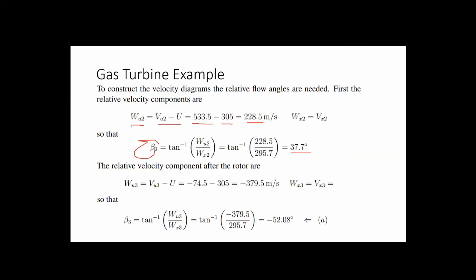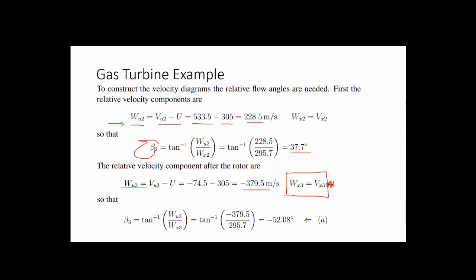The relative velocity component after the rotor: this Wu2 is the relative velocity entering the rotor, and Wu3 is the relative velocity component leaving the rotor. It's equal to Vu3 minus U, equal to minus 379.5 meters per second. And we know that for this condition, Wx3 is equal to Vx3.